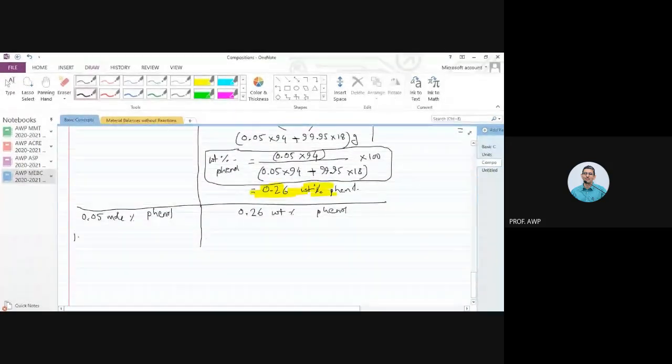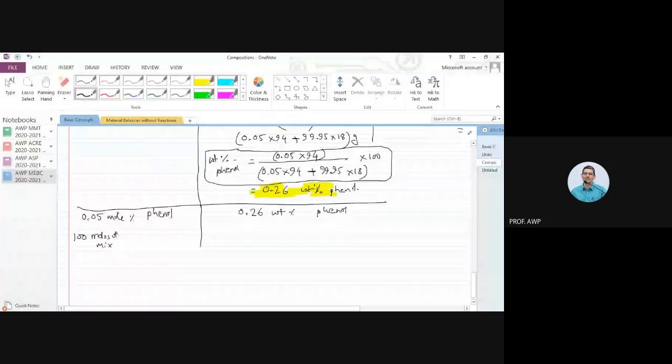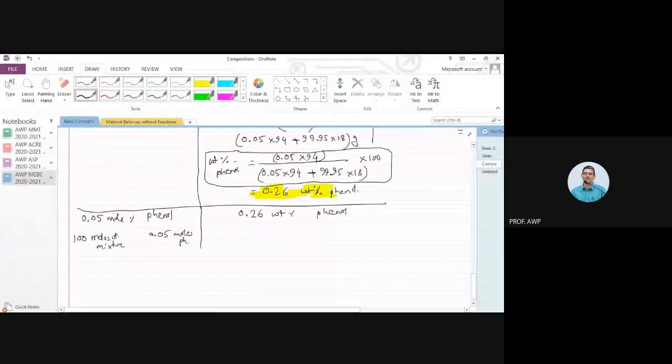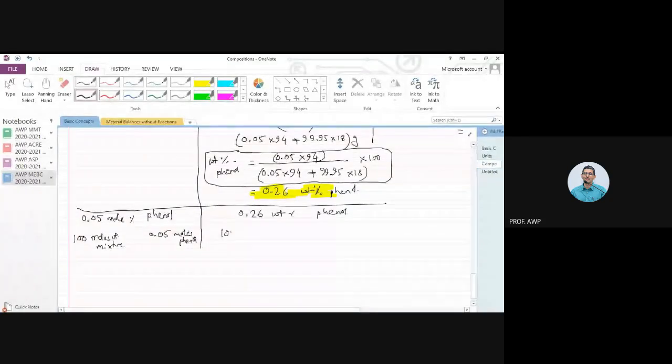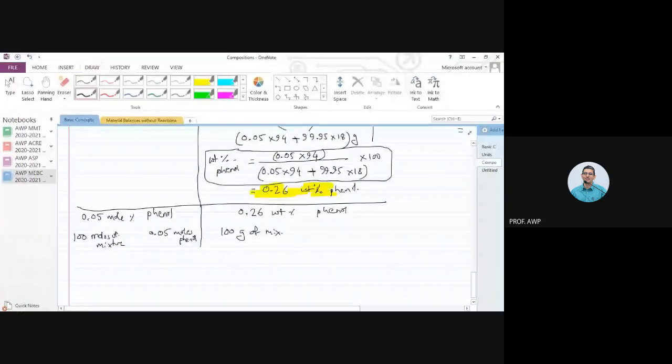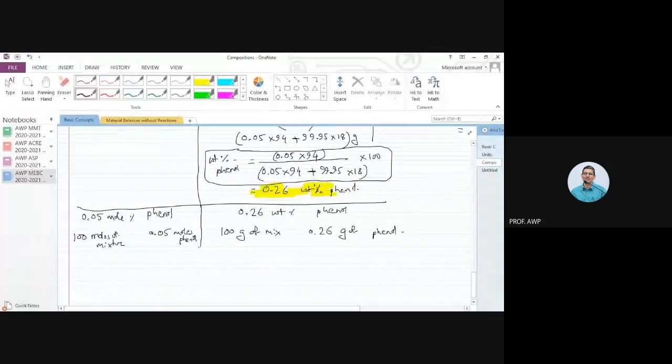That means if I take 100 moles of mixture, 0.05 moles of phenol are present, isn't it? Or if I take 100 grams of mixture, 0.26 grams of phenol are present. So these are very small quantities.